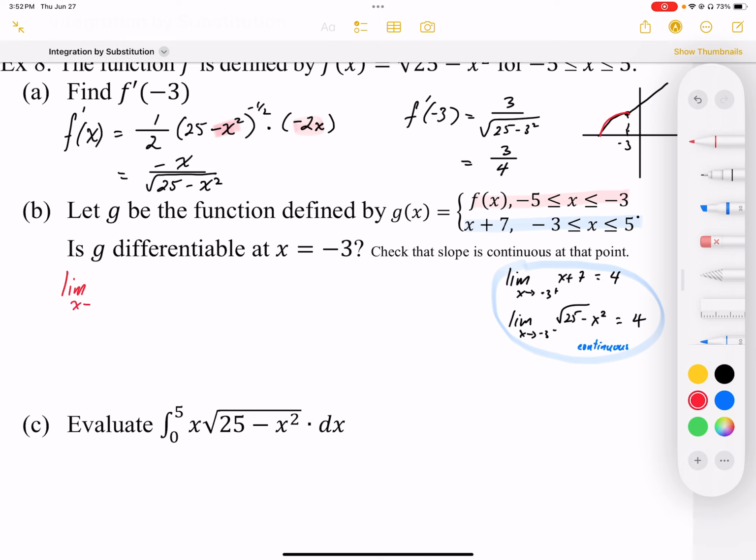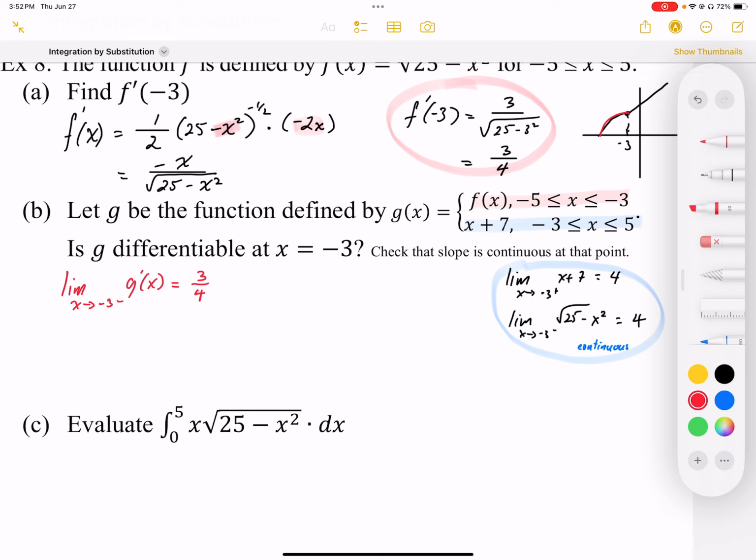So I'm going to check the limit as x approaches -3 from the left-hand side, we want to check that g prime of x, we want to find what that's equal to. So when we do that, we're going to plug that into f prime, and at -3, we've already established that the slope is going to be +3 over 4. Okay, so that's the slope that we got from this portion here.